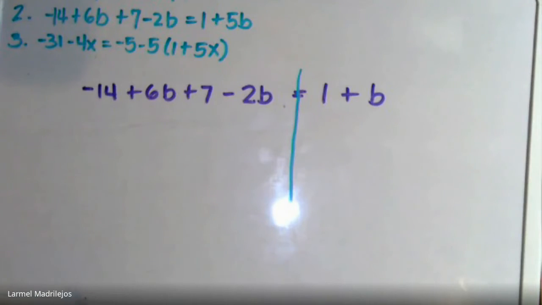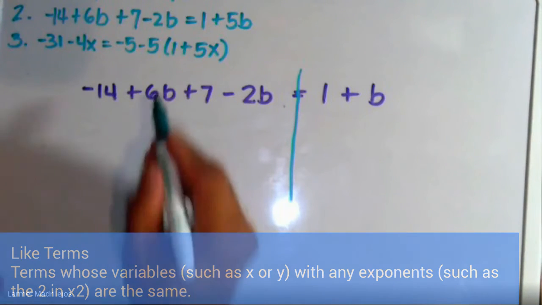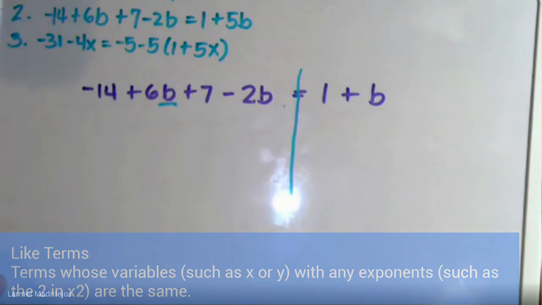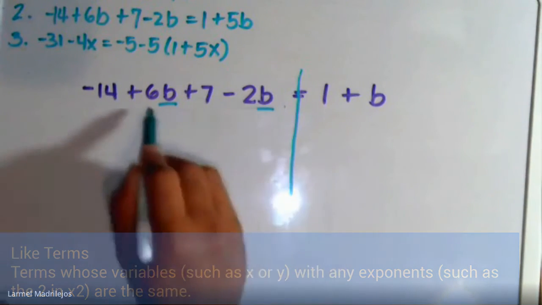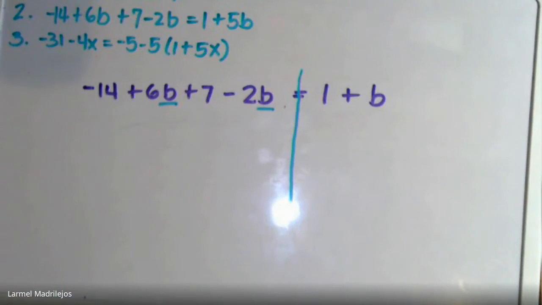I'm going to start with the like terms. What are like terms? Like terms are terms that are the same. Let's say it's the variable b. Look for another term there that has b. So these 2 are the same. The rule in algebra is you can combine like terms by adding or subtracting.